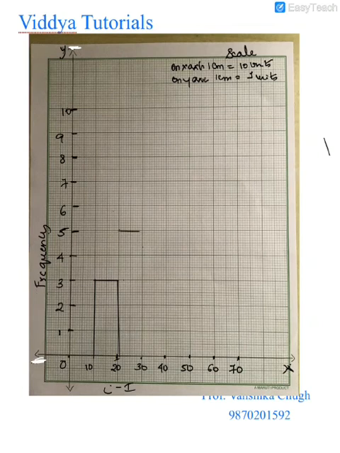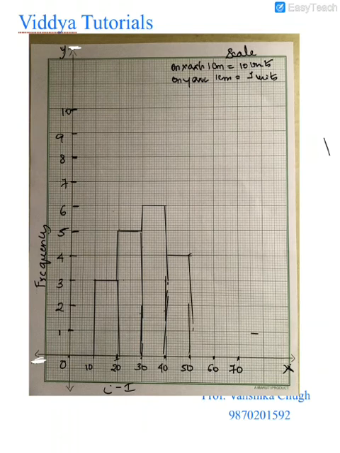So this is my 5, and I have drawn the bar there. My third class interval is 30 to 40 and the frequency is 6. So I have drawn my bar on 30 to 40 with the height of 6. Then my next frequency is 4, for 40 to 50. So this is my 4 and I draw a bar over here.